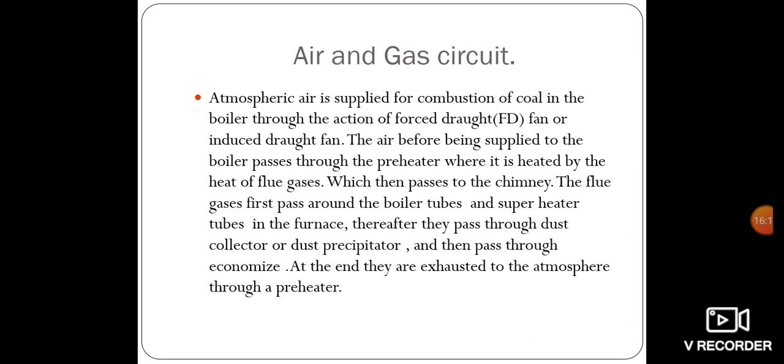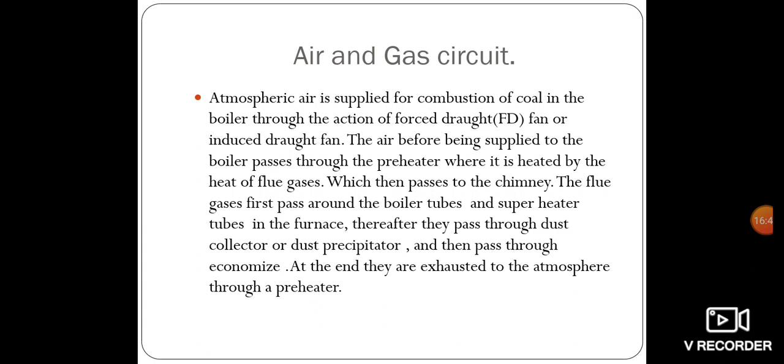Air and gas circuit. Atmospheric air is supplied for combustion of coal in the boiler through the action of a forced draft fan or induced draft fan. The air, before being supplied to the boiler, passes through the preheater, where it is heated by the heat of flue gases, which then pass to the chimney.